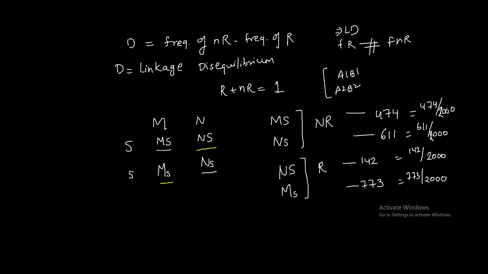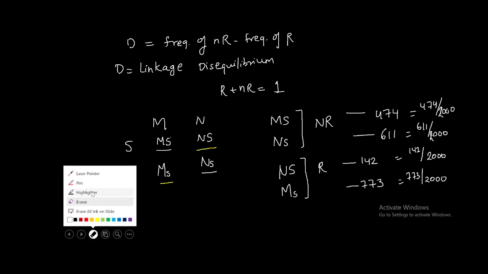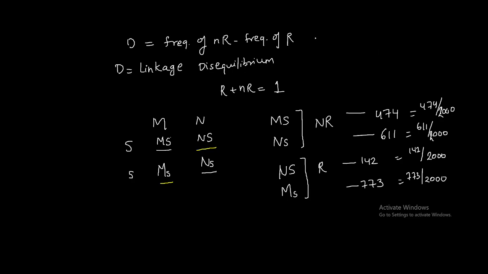Okay, so if you calculate 474 divided by 2000, that is going to be equal to 0.2370.